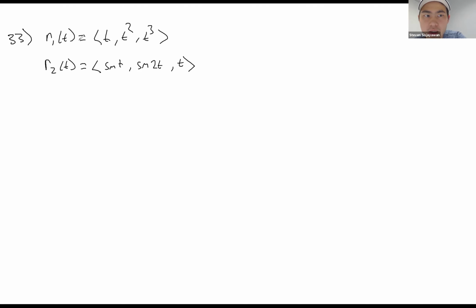It tells us that these two curves intersect at the origin, which is the point 0, 0, 0. They're asking us what the angle of intersection is between these two curves.